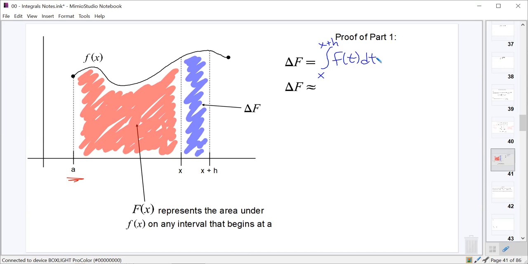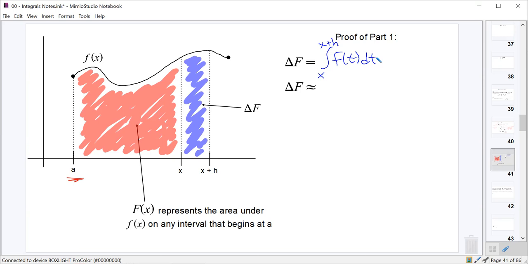You kind of just have to get used to that. We use the t's and the x's interchangeably because we can't define them as the same thing within different pieces of our proof. So the integral, or the area underneath f from x to x plus h, should be the value of delta F.